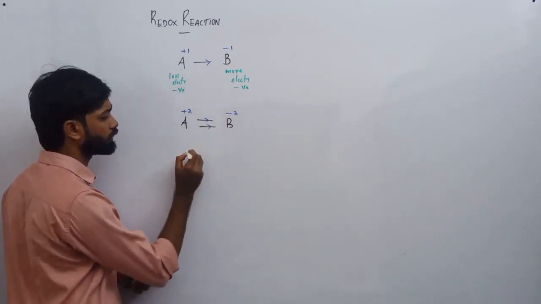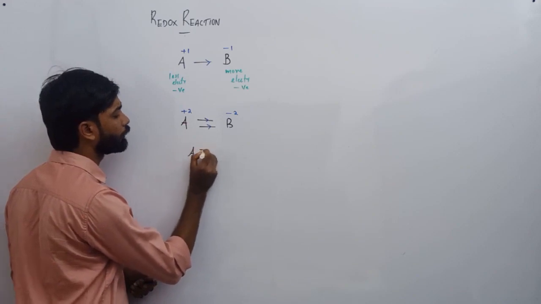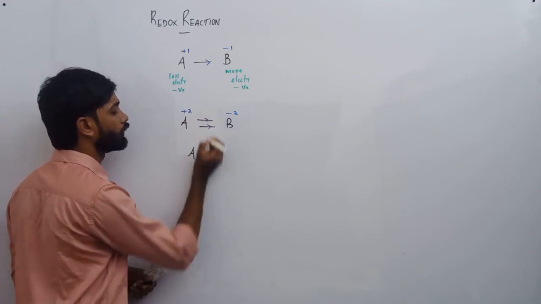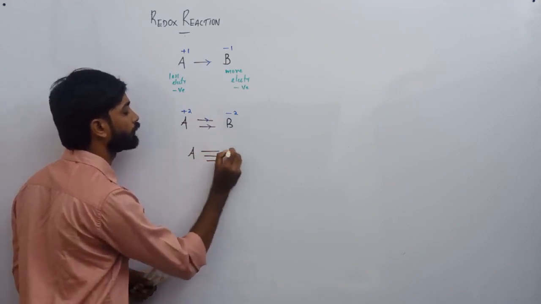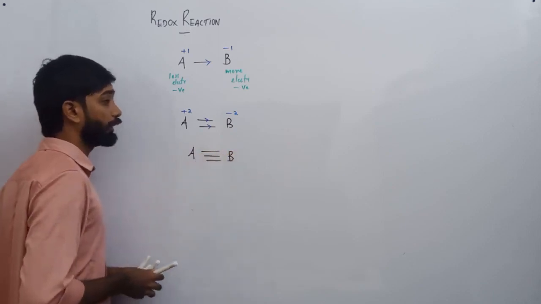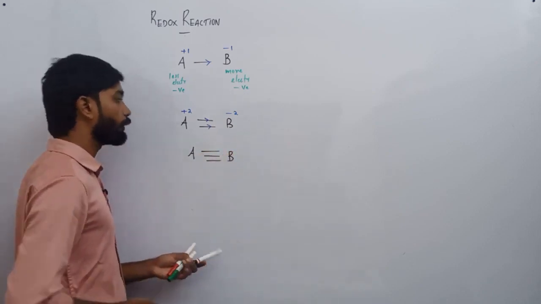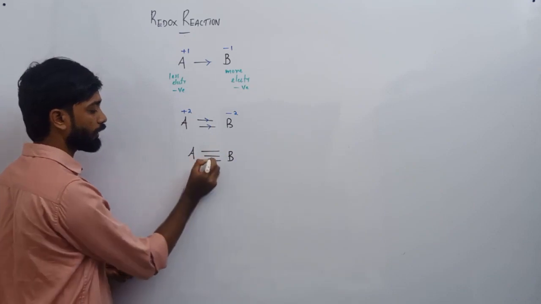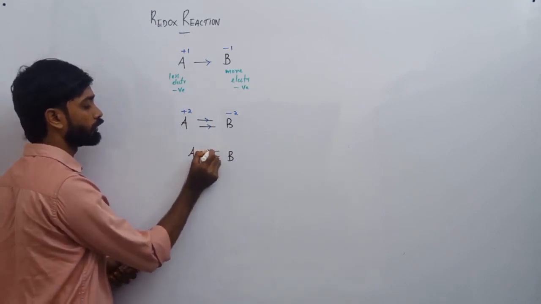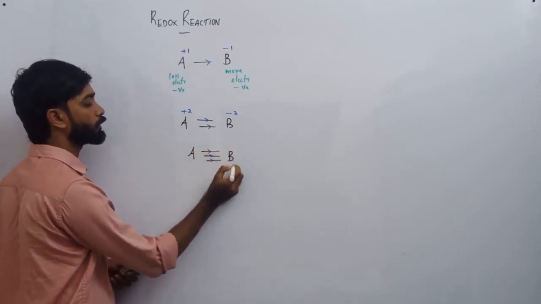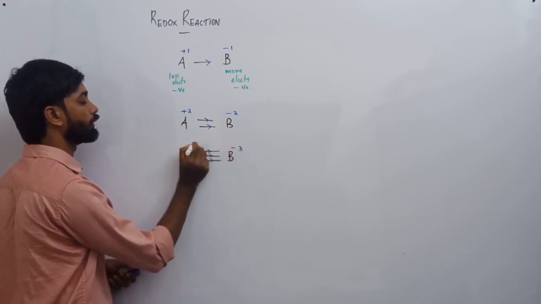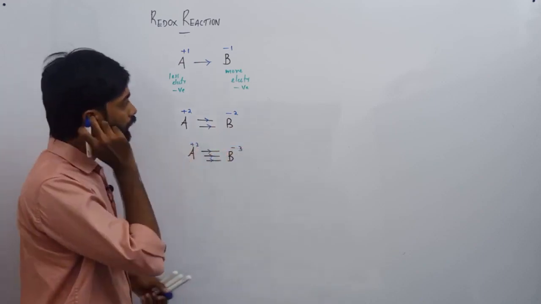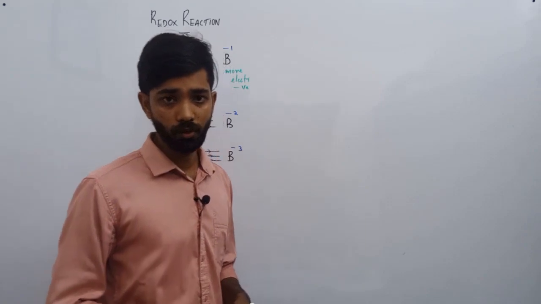One more possibility is that between A and B a triple covalent bond is also possible. Then for each bond -1, -1, -1, which means -3 here and +3 there. And this is the logic.